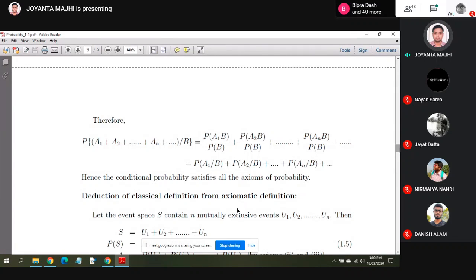This proves that probability of A1 plus A2 plus infinitely many events by B equals probability of A1 by B plus probability of A2 by B. This is the third axiom of probability.